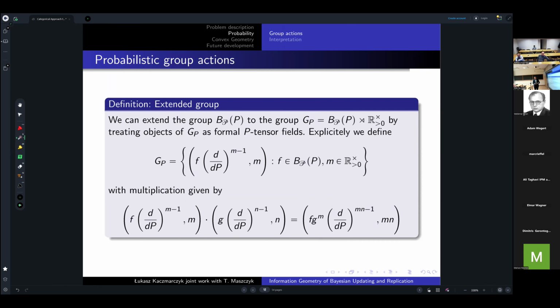Okay, we'll see in a moment that this is, in fact, the Bayesian group.